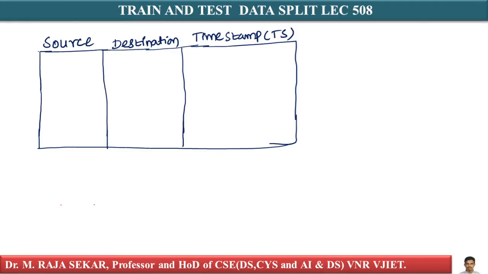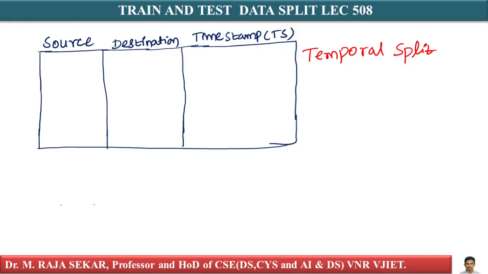If I am given this timestamp, I can start doing temporal split, isn't it? But I am not given the timestamp. In the real world, if I am an engineer at Facebook or Instagram, I would have this time-based data also.